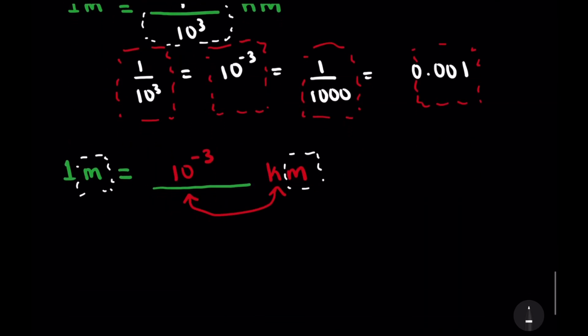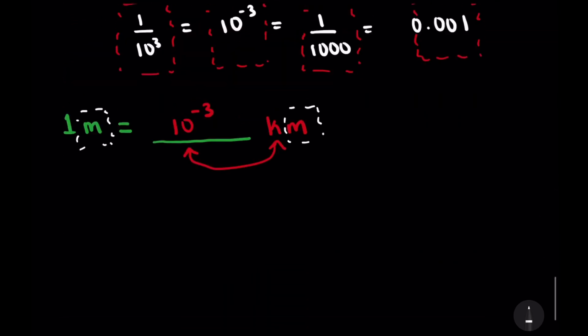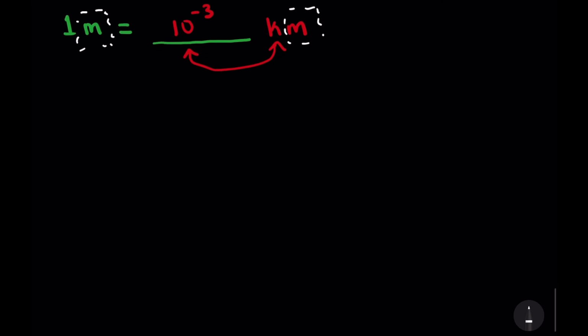So I'm going to do one more example just to make that as clear as possible. Let's make it a little trickier. Let's say we had 25 meters and we want to find how many kilometers it is equal to. So again, what's our first step?